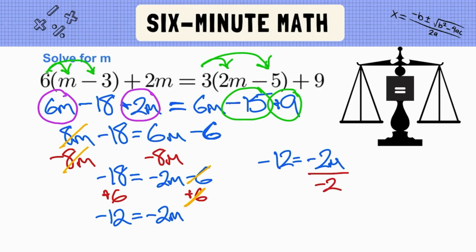So I'm going to divide both sides by negative 2. Negative 12 divided by negative 2 is 6. And that is going to equal m, as my coefficient of negative 2 cancels out. And then I always want my variable first. So m equals 6.